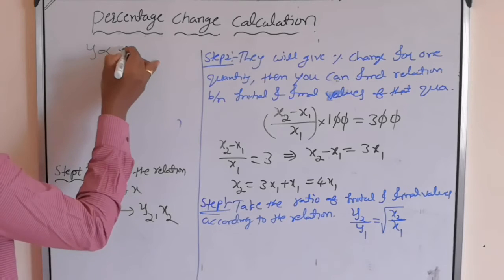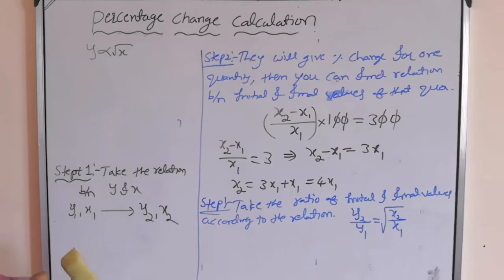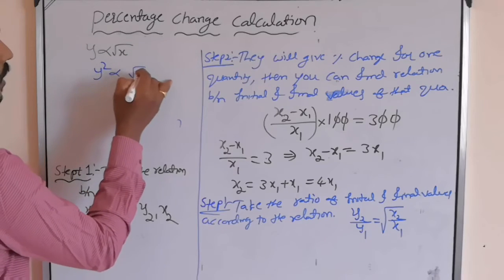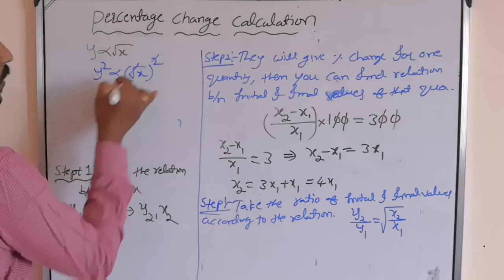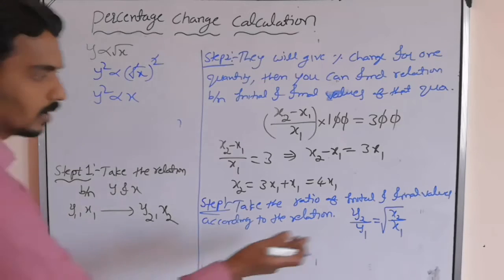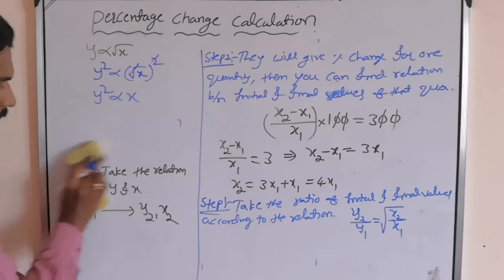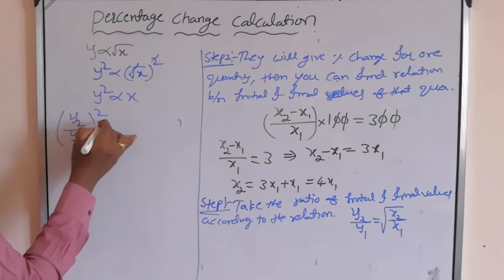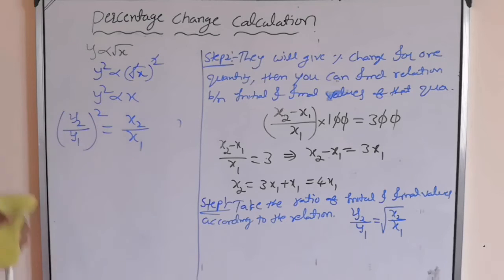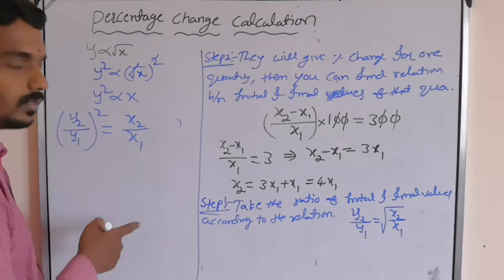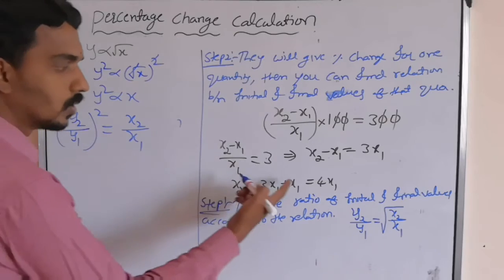See, y is proportional to root x. Then I will square both sides. So y square is proportional to root x whole square. The square root cancels, so y square is proportional to x. Either you take this or this. Now, if you take y2 by y1 whole square equals x2 by x1, anything you can take.